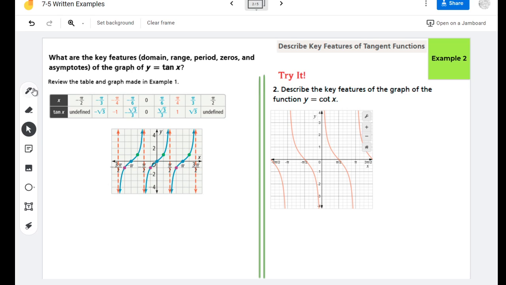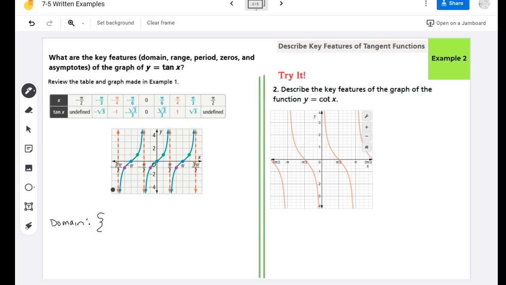Now, the first thing to talk about is the domain. The domain looks really quirky for these. What they tend to do is write this in set notation, because of the nature of the problems. An inequality won't show it properly, and intervals won't show it properly.